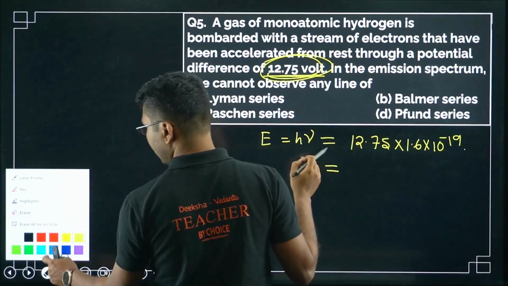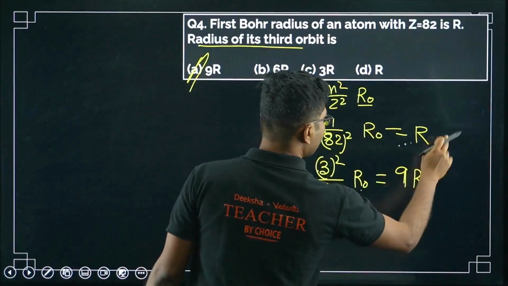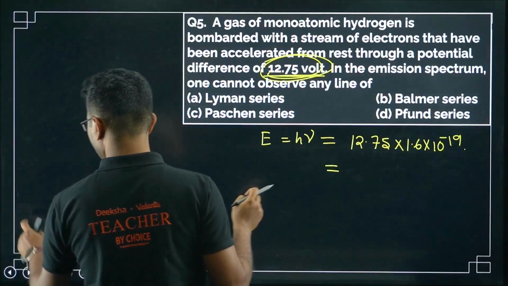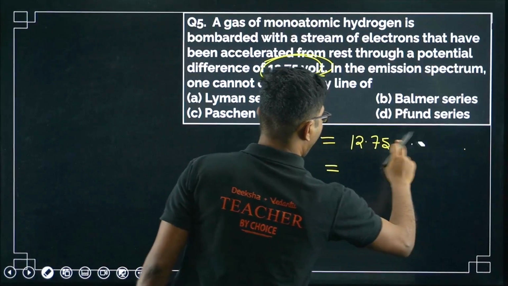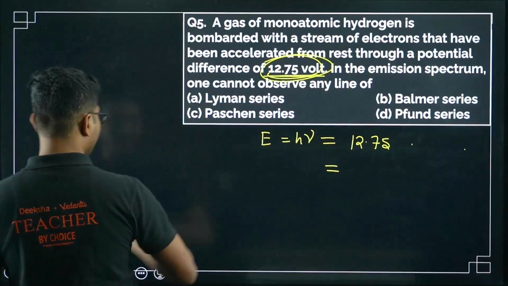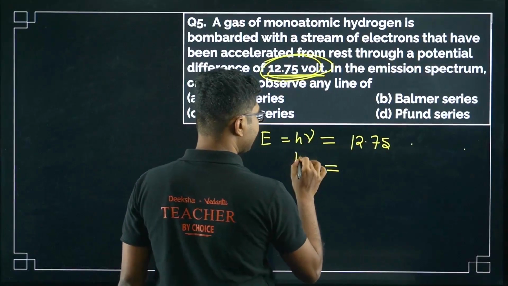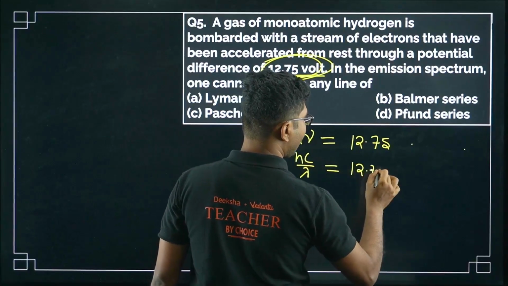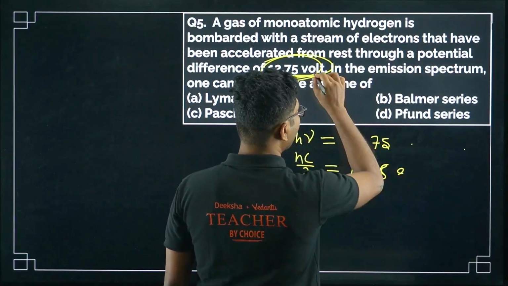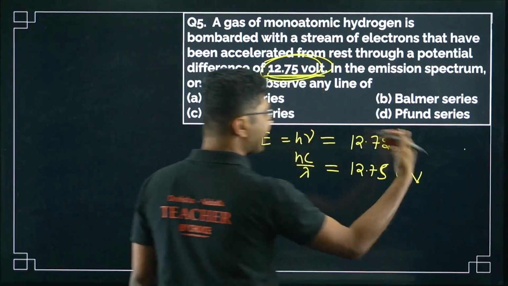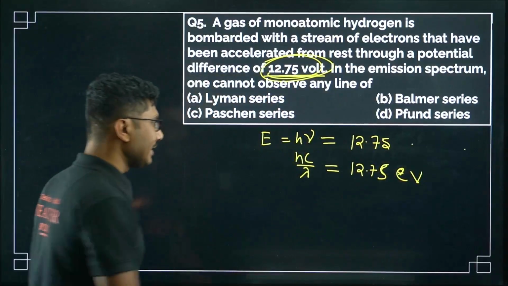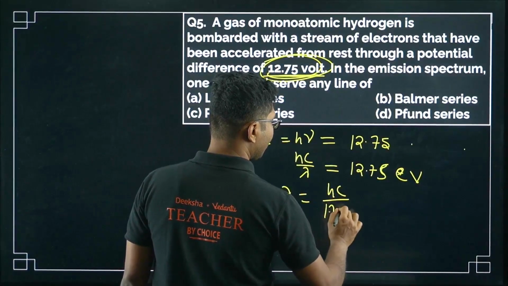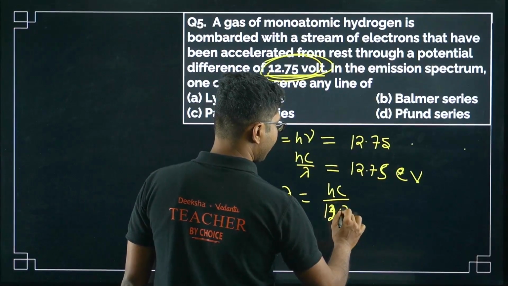One more thing, we will use a shortcut. What shortcut we will use? Instead of calculating in terms of frequency, we will use hc by lambda equals 12.75 eV. Volt means eV, right? If you multiply with the charge of electron, you will get that in eV. So lambda equals hc by 12.75.